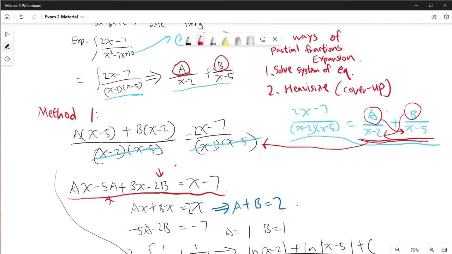Therefore, we can write out the second equation here, which is negative 5a minus 2b equal to negative 7. That's the constant part, the parts of this equation that do not contain x. Now, similarly, we can write out this first equation with all the x containing parts.